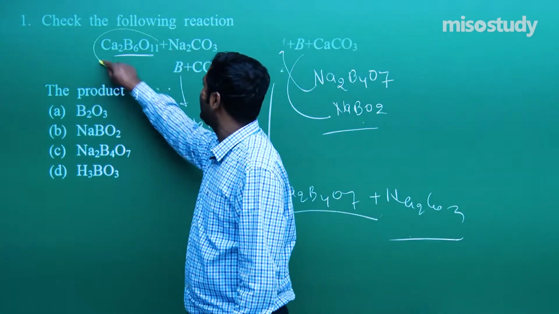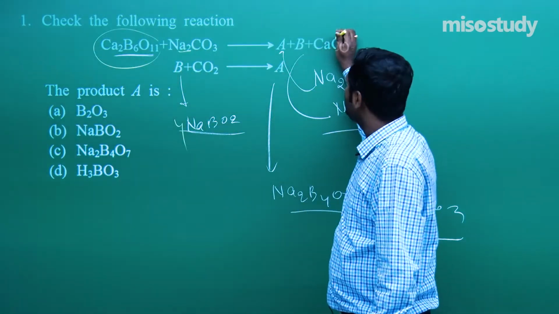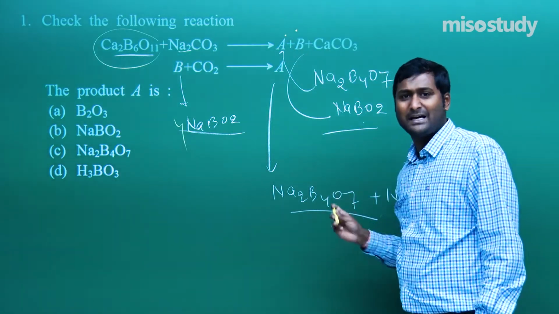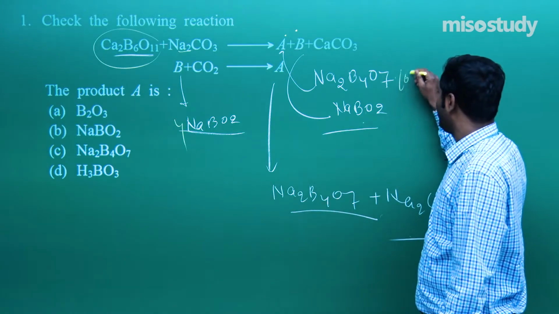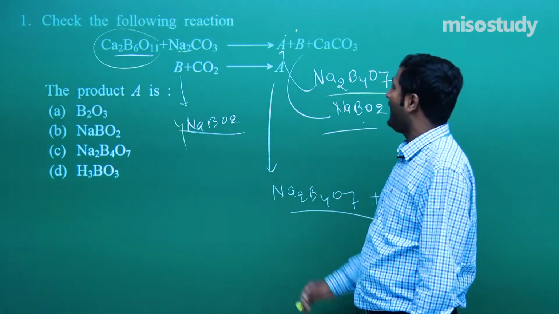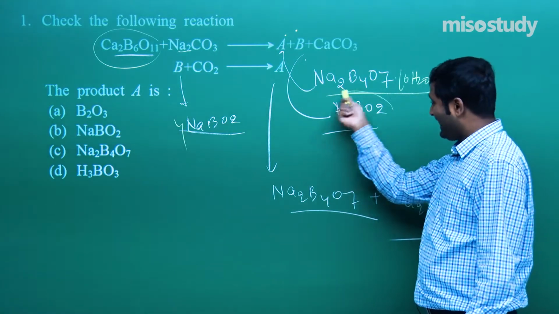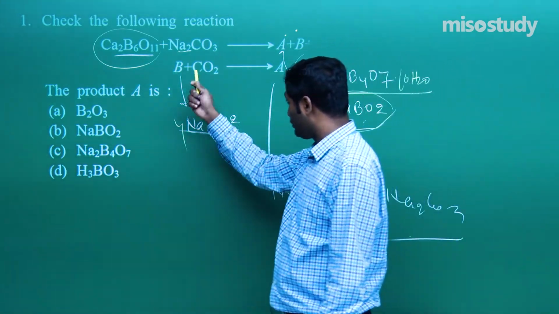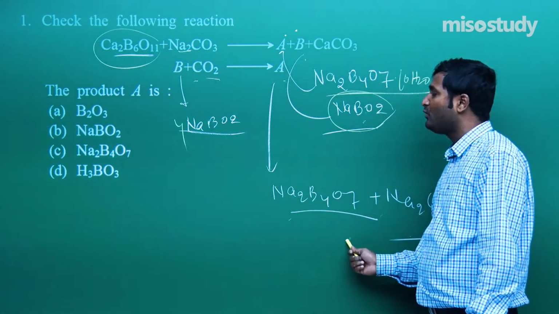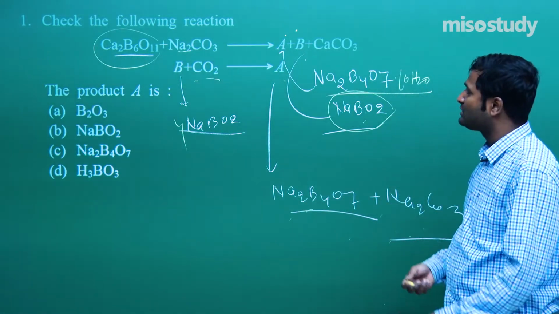First of all, colemanite when treated with Na2CO3 gives you Na2B4O7, the anhydrous form, and the complete formula of borax is Na2B4O7 into 10H2O. And next one is NaBO2. When NaBO2 is treated with CO2, it again gives Na2B4O7 and Na2CO3.